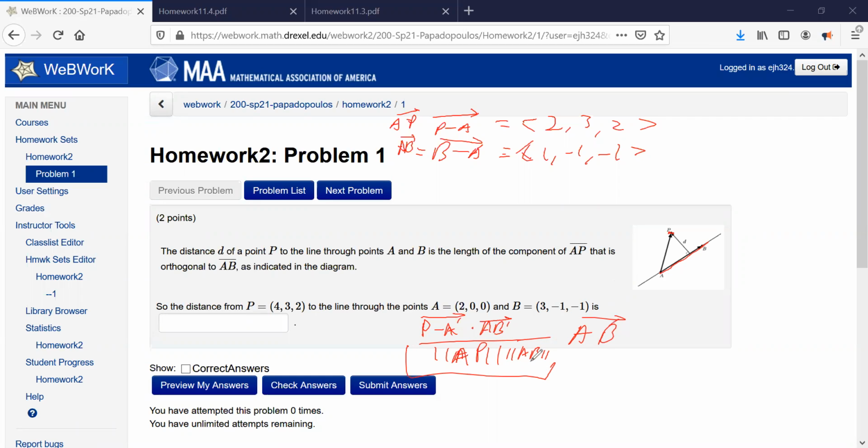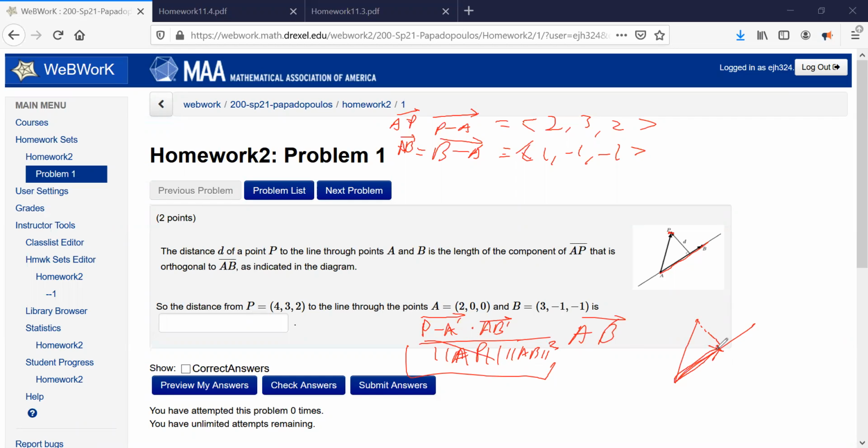Actually, I think the formula is going to be something slightly different. The bottom is supposed to be the norm of AB squared. Yeah, good. I used the wrong formula. Okay. Thank you. So geometrically, this is the picture that we have, and this basically is the new vector that it's giving us.